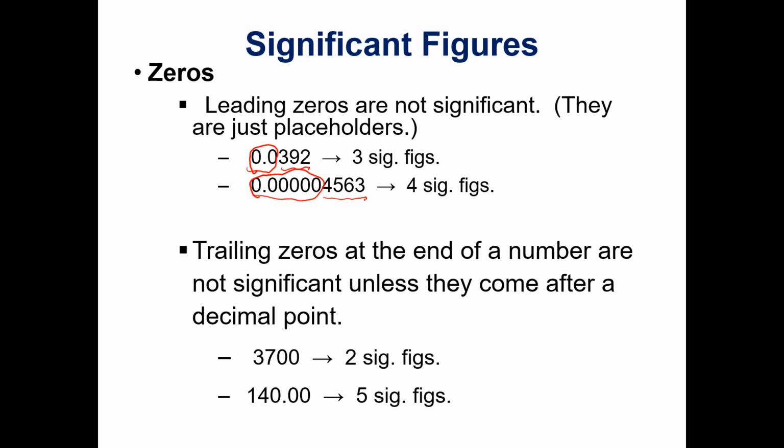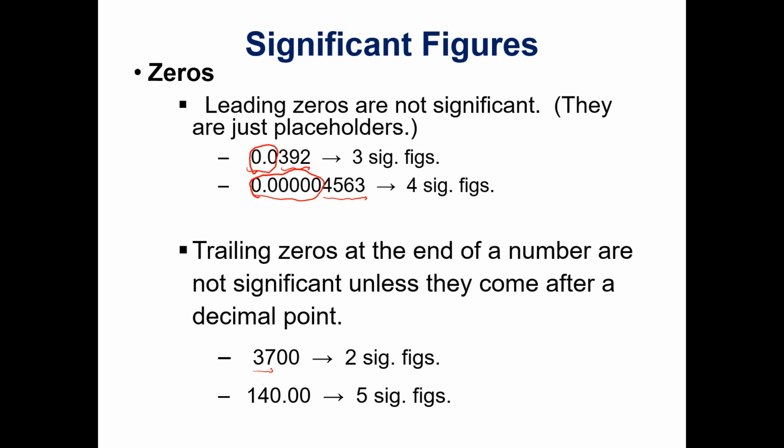For trailing zeros, sometimes they're significant and sometimes they're not. Trailing zeros are those numbers at the end of a number. If there's no decimal point in the number, like in the number 3700, zeros are not considered significant. So 3700 only has 2 significant figures.